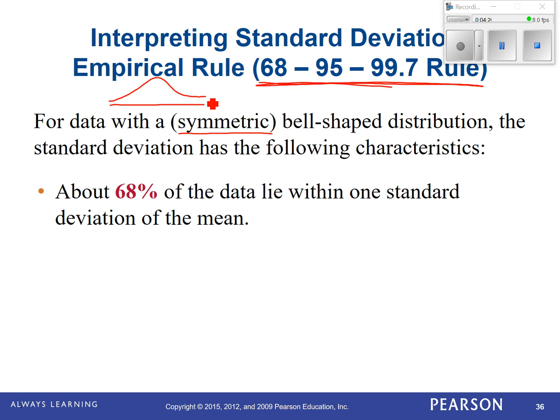This is what we were talking about when I was talking about your grades and how some college professors grade on the bell curve. About 68% of the data lie within 1 standard deviation.